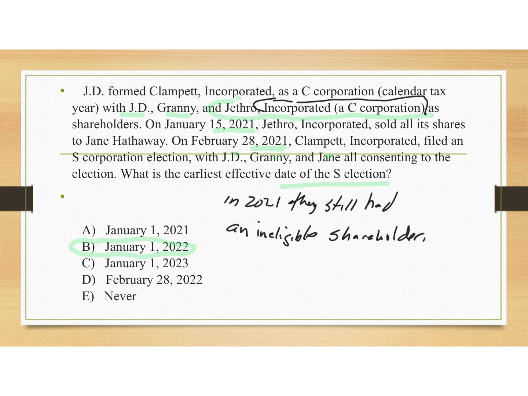So their S election is not valid until 2022 since they don't have any ineligible shareholders in 2022.